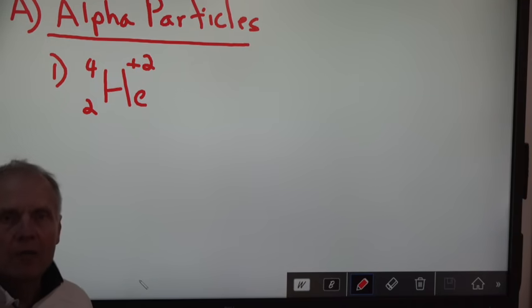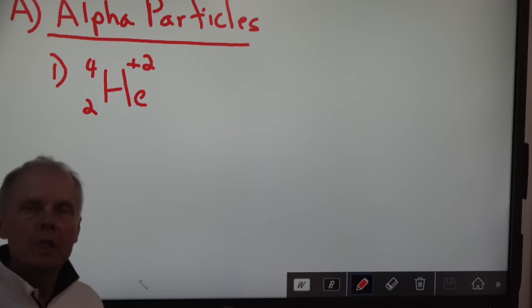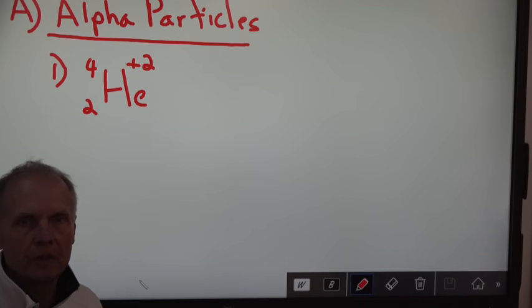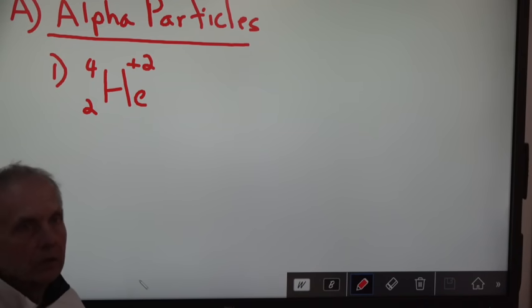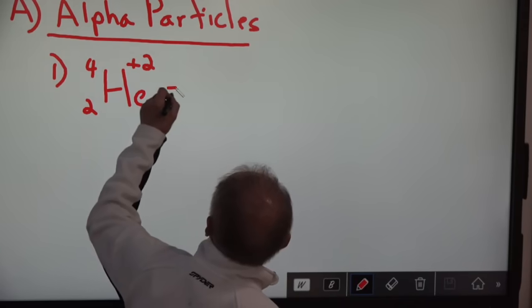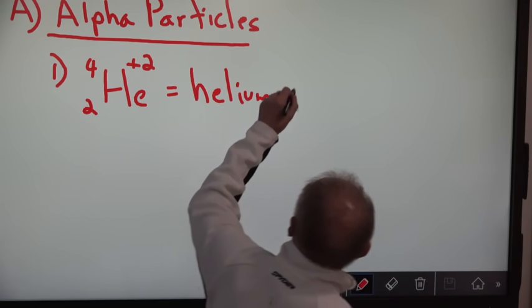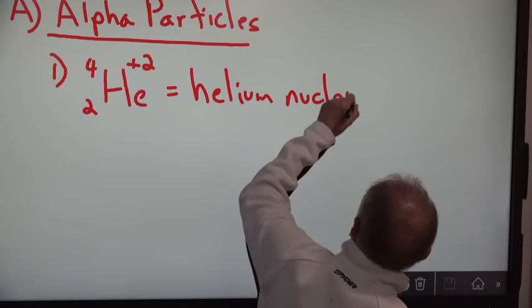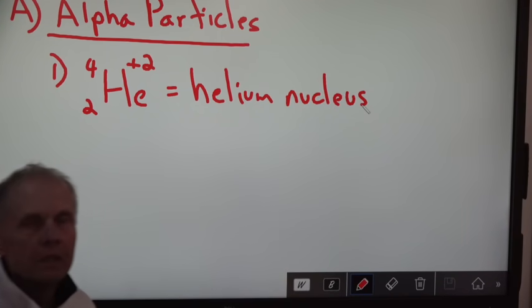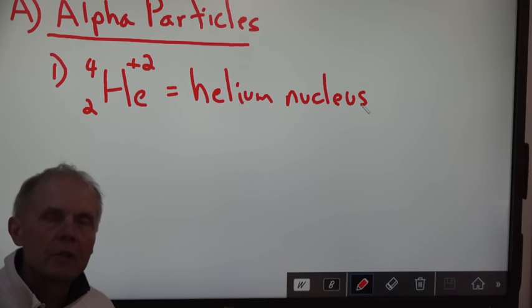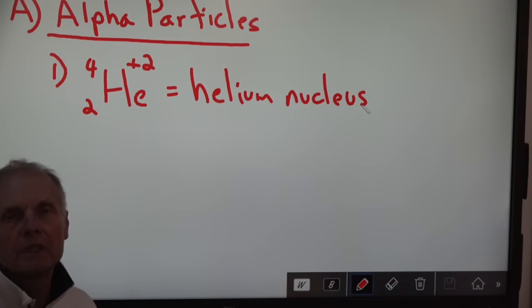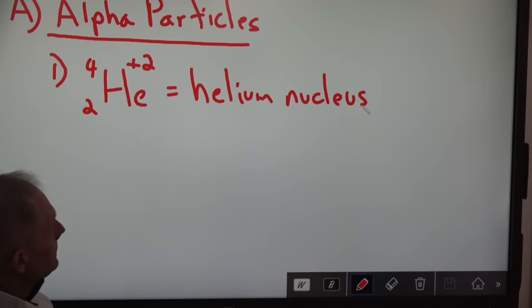So an alpha particle's got 2 protons, 2 neutrons, but no electrons. It's simply the nucleus of a helium atom without the electrons. That's what an alpha particle is.